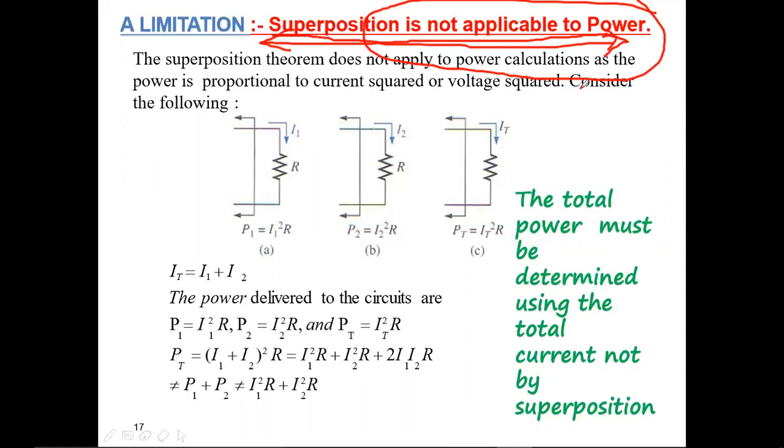We can't apply it for power, because power involves current and voltage squared. For the measurement of power, P is equal to VI.